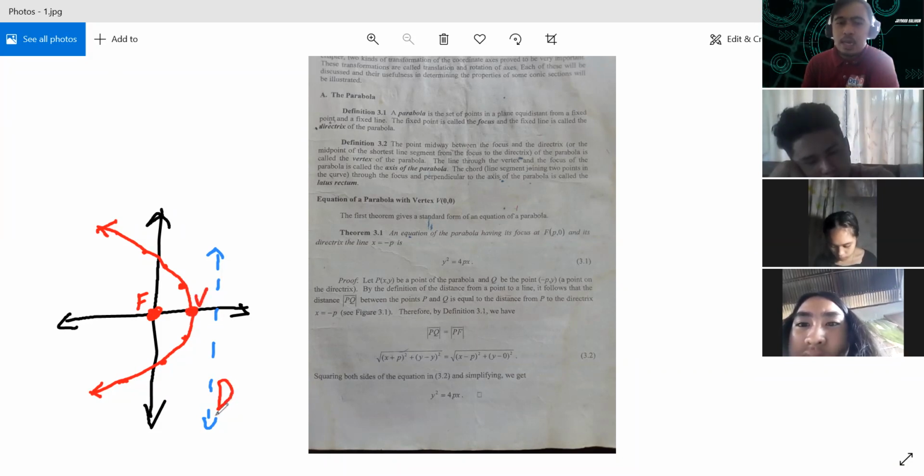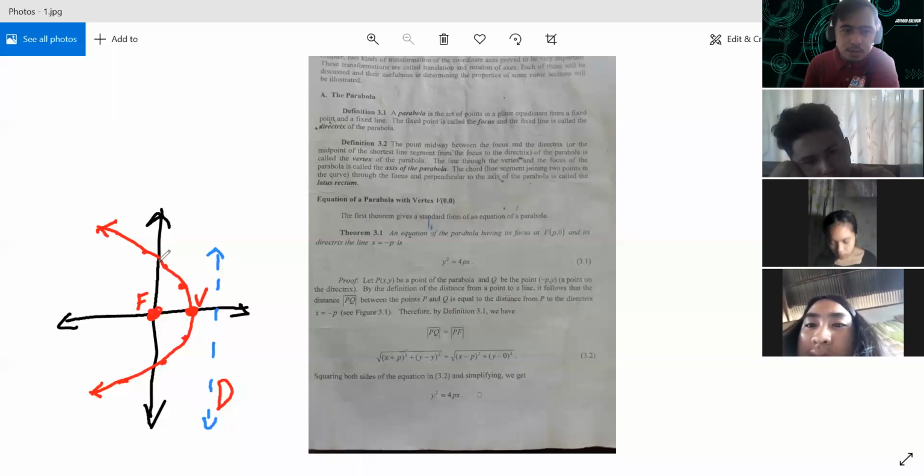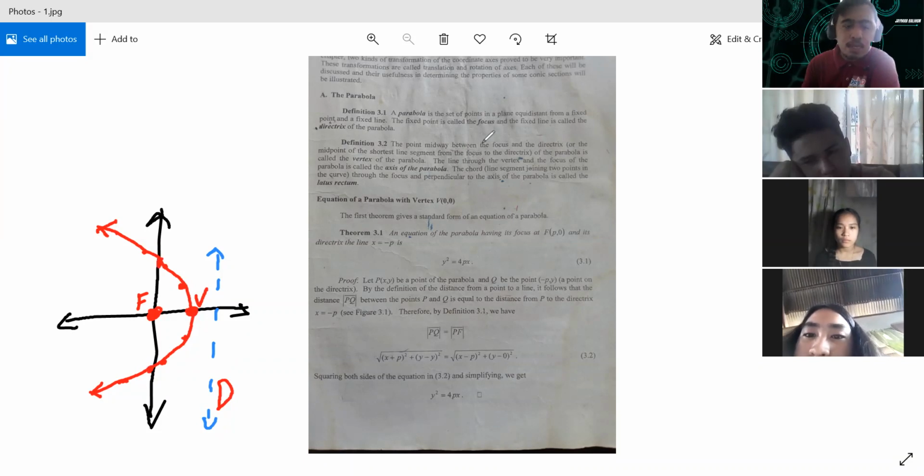Okay? And we also have what we call the latus rectum. What is a latus rectum? A latus rectum is somehow like a second line, a line that connects 2 points from your curve, a line that passes through your focus. You will be using that later.